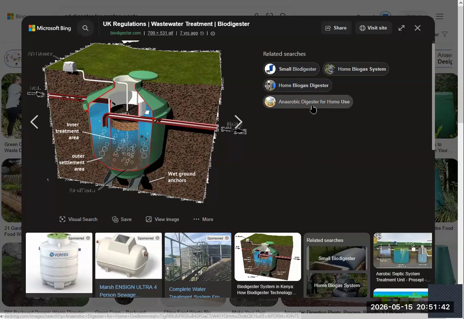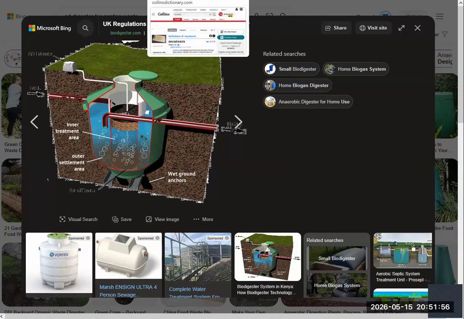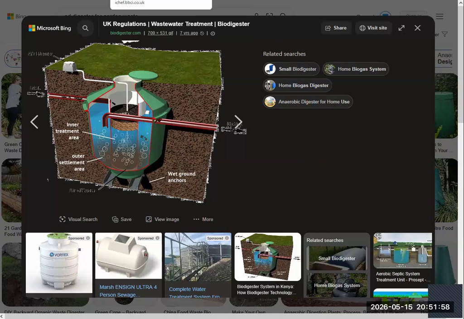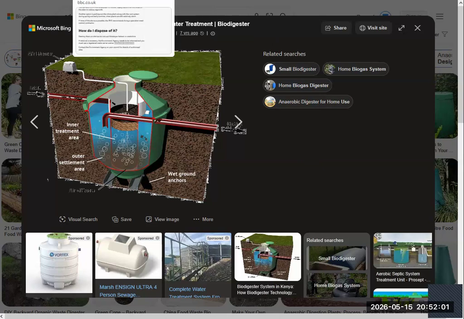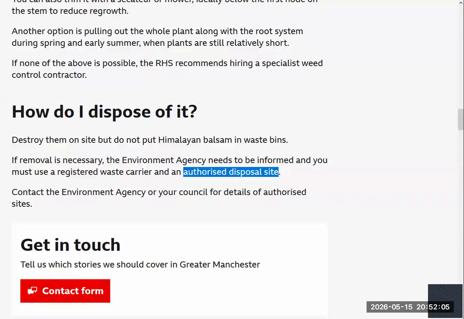So that's an anaerobic digester. It's a special kind of natural rotting down, but you encourage it by giving it special added power. I guess that probably wouldn't work for the plants, unless it's probably too expensive, I think.